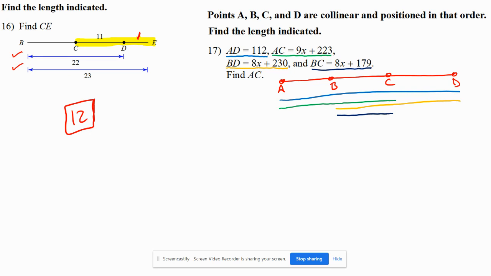I can combine AC plus BD, and I notice that gives me the entire segment. However, I'm using the segment BC twice, right? If I go AC plus BD, I'm using the segment BC twice, and I should only use it once. So let me subtract BC. And this is the whole segment AD.